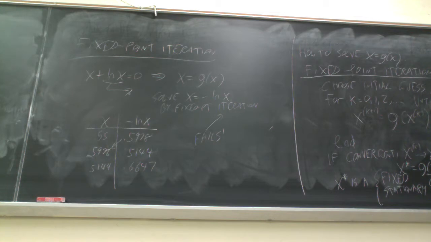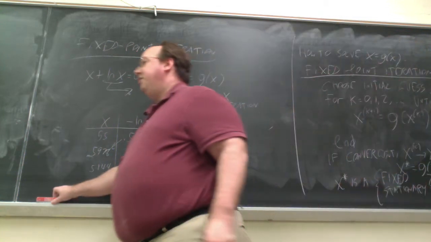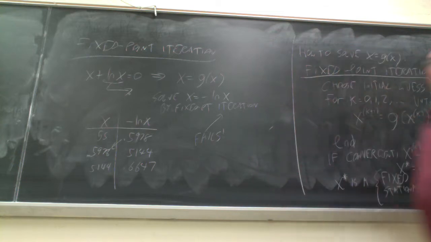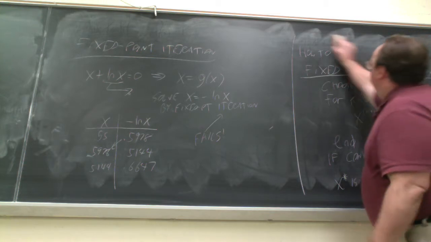Right now, we don't know what constitutes a good choice or a bad choice, but we know that this isn't it. So, is there some way that we could change this equation so it's still equivalent, but for which fixed point iteration will now converge?